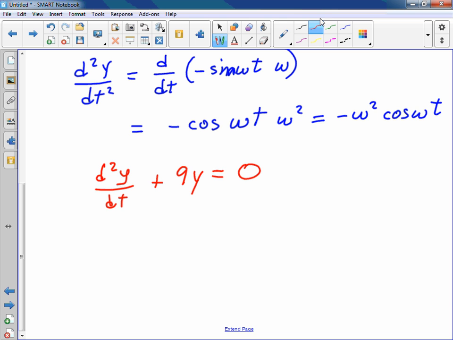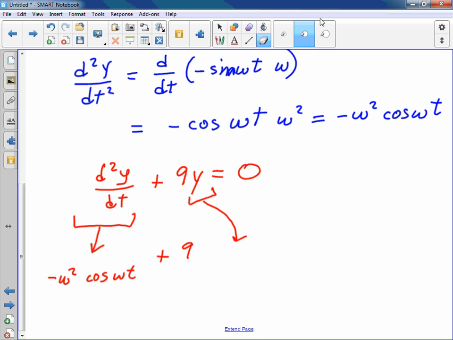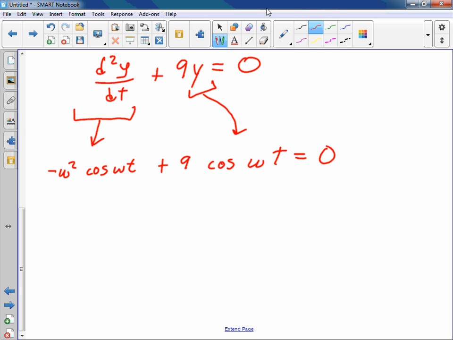What are we going to do? Plus 9 times cosine omega t equals 0.